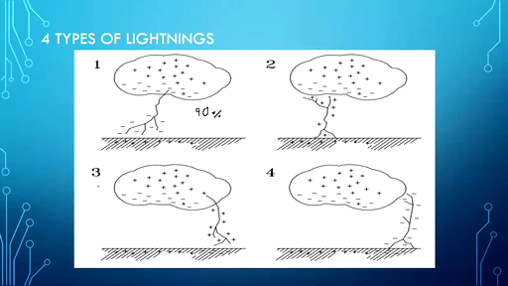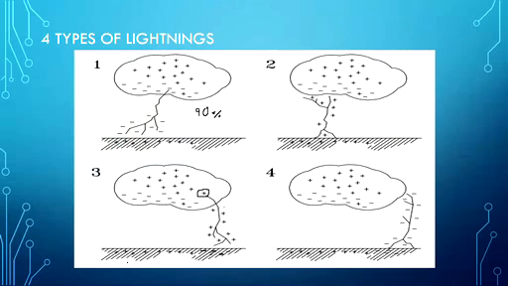We're also going to have, like in case 3, something different. We're going to see that we have also our negative charges and positive charges in their respective places on the cloud, but the lightning is going to be created from attraction of a positive charge. So we're going to have positive charges attracted to negative charges that are on the ground.